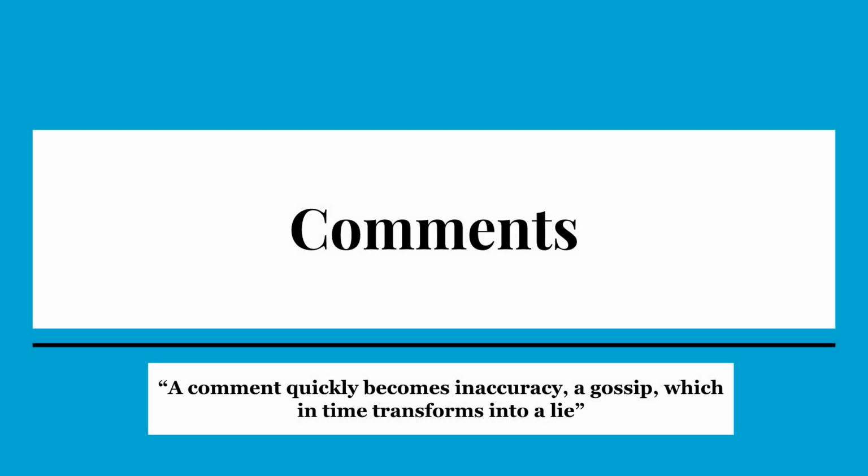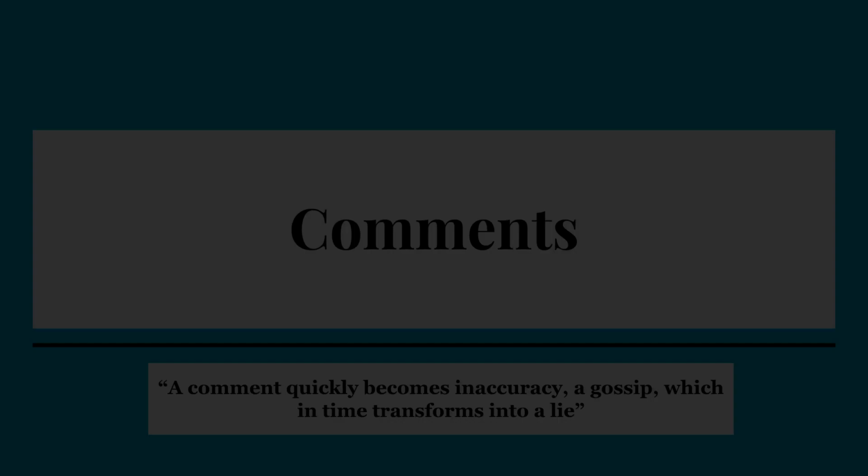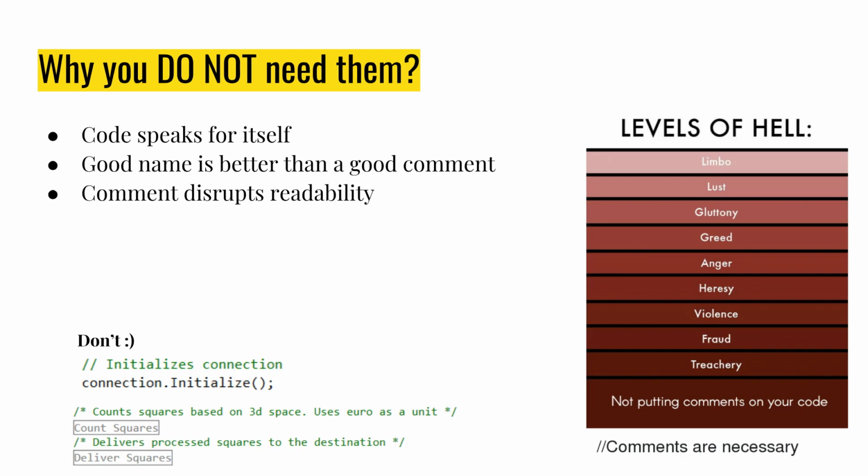Now let's move on to comments. A comment quickly becomes an inaccuracy, a gossip, which in time transforms into a lie. You do not need comments because code speaks for itself, and a good name is better than a good comment. Comments disrupt readability.